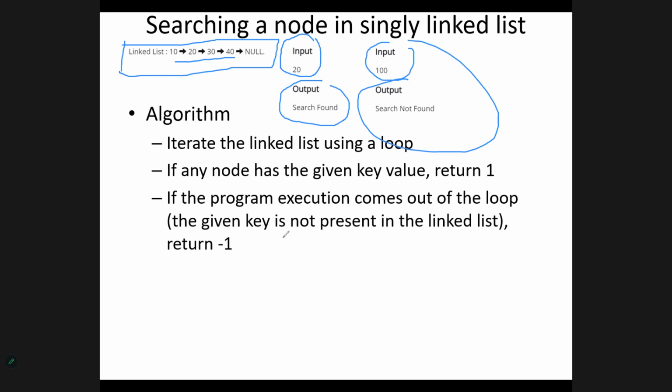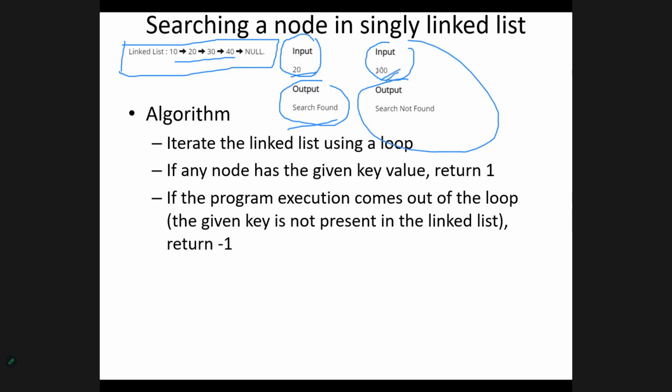So very easy, right? So algorithm to find out an item in a given single linked list. Basically, we need to input the value that needs to be found, and then it will give you the output. Okay, search found in this location, right? So in this case, input 100. Okay, so search for this item.